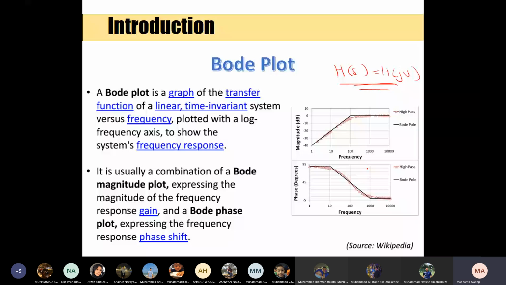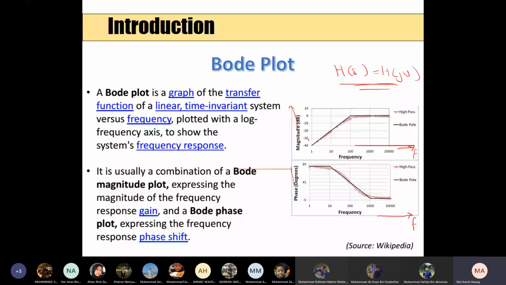So this is frequency, right? And the vertical axis can be magnitude, or phase. So this is phase, this is magnitude, okay? And the horizontal axis is the frequency. So that is the plot.